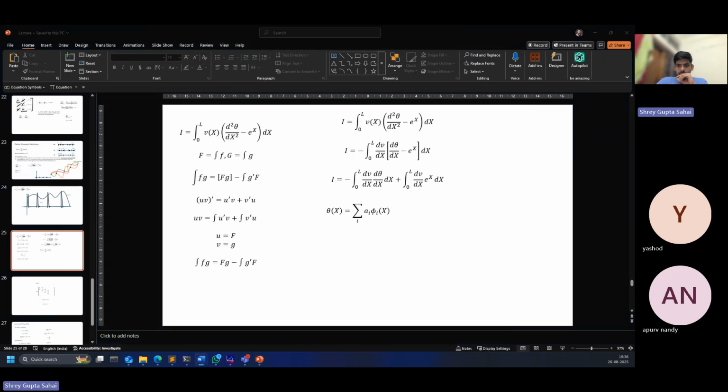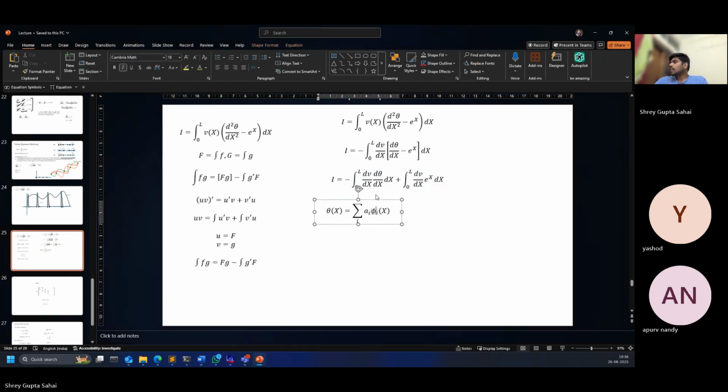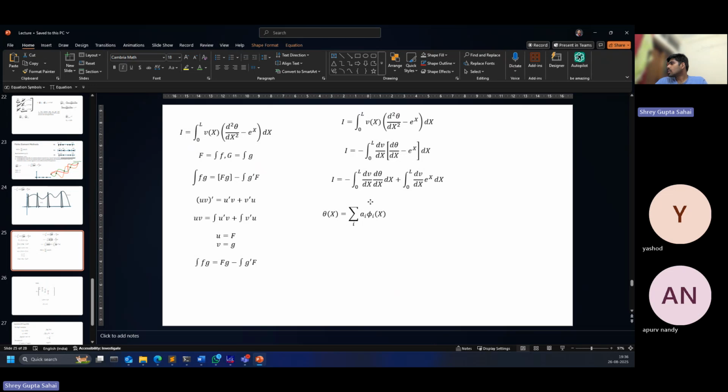Let me just check if this is the final step before we go into numerics. Yeah, this is the final step. Now comes the trickier part.